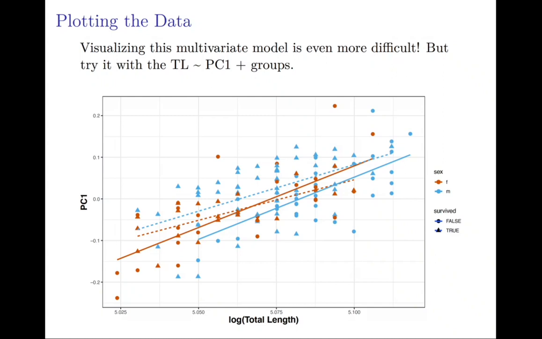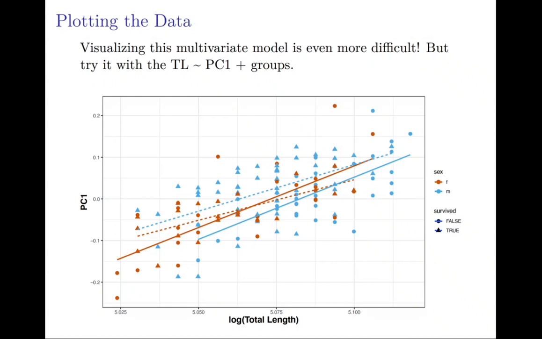The sex also does, and so does the survival, but there's no interaction. Okay, so again, visualizing this multivariate model is even more difficult because we're starting to have more and more factors to look at. But we can try it again using the total length as our x variable, that's our continuous variable, PC1 as a representation of that huge cloud of y points, and then plus our groups, so we can use different colors and shapes to represent the different categorical groups.